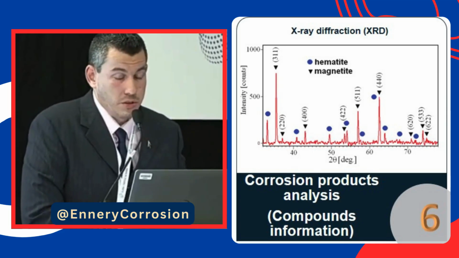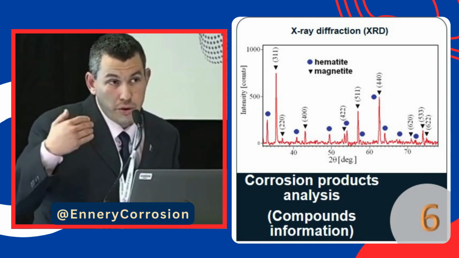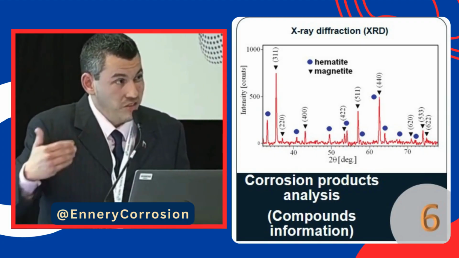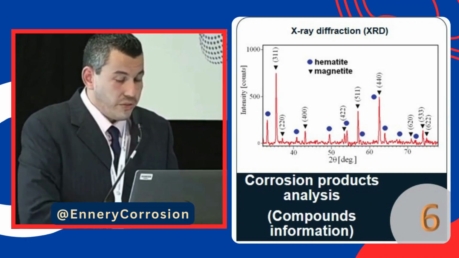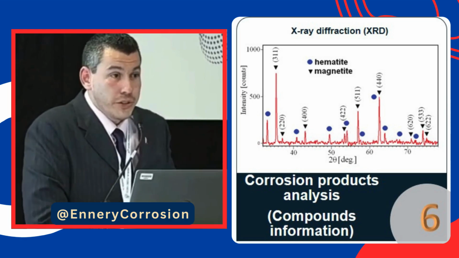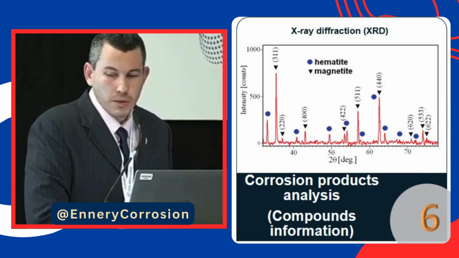Usually we say, yes, it's just iron oxide, but for academia, or if you are running an investigation project, that might not be enough, because depending on the specific product that you have, you will have different products, like hematite or magnetite, and then you need to run an analysis at the compound level, okay?